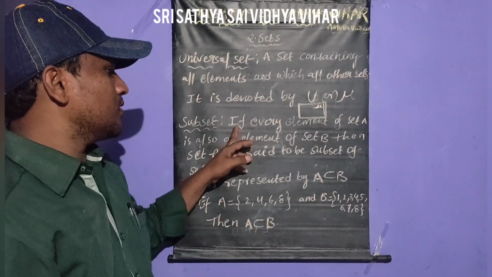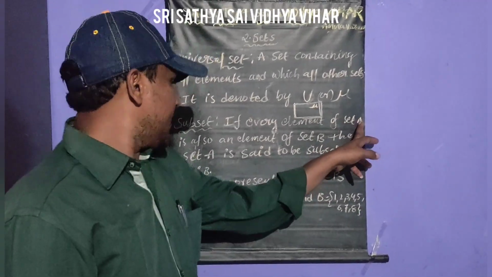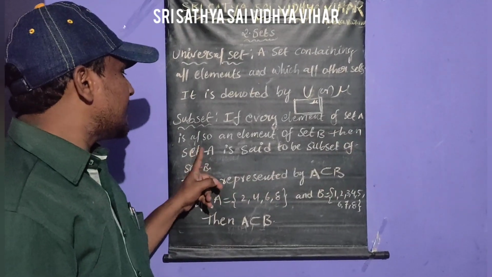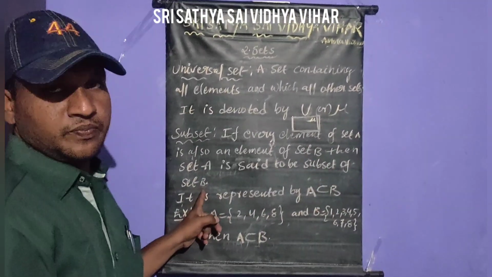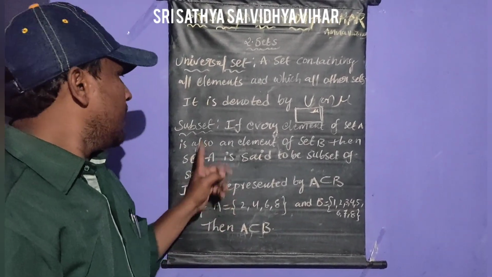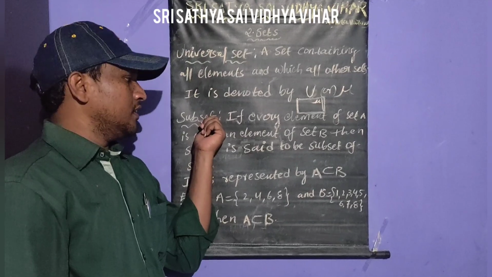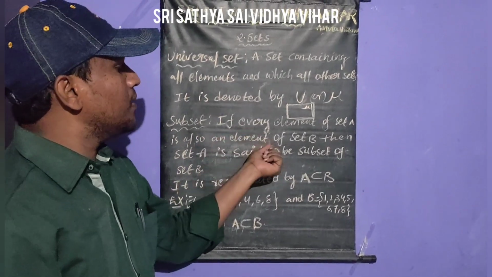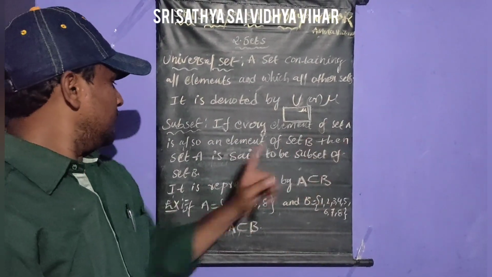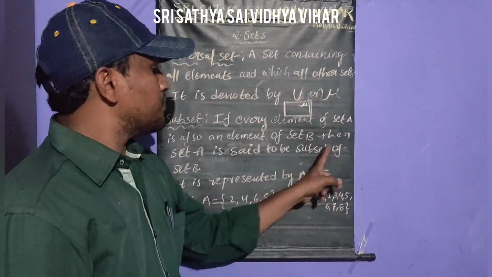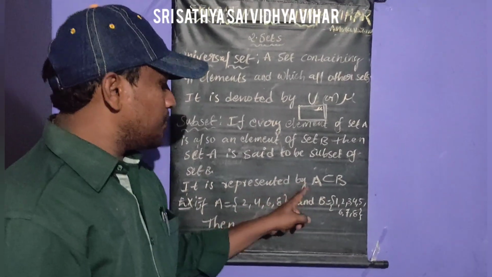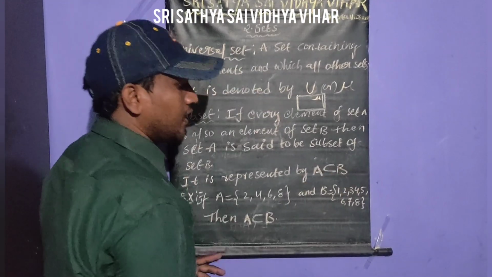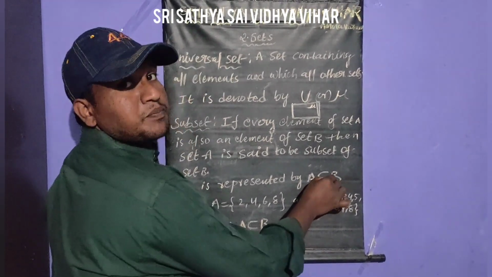What is a subset? If every element of a set A is also an element of set B, then set A is said to be a subset of set B. It is represented by this symbol, read as subset.